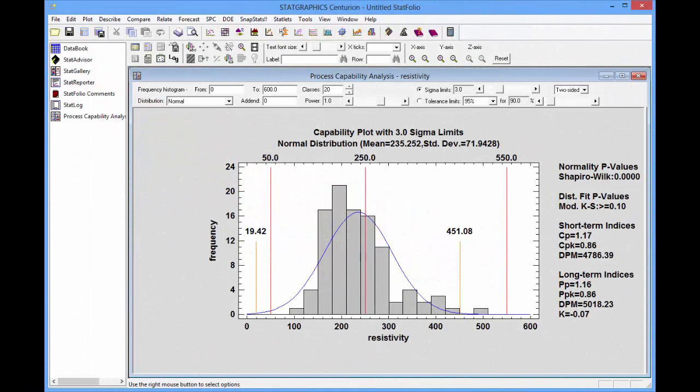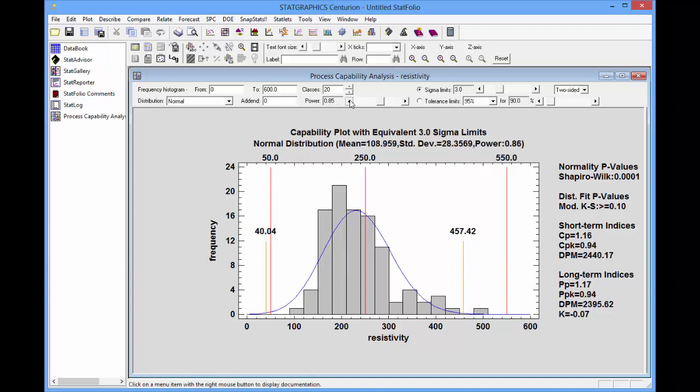You'll see the effect of applying different powers if I use the slider on the toolbar. You'll notice if I bring the power down, let's bring it down to 0.5, that's a square root, that the implicit distribution of the observations becomes skewed to the right.